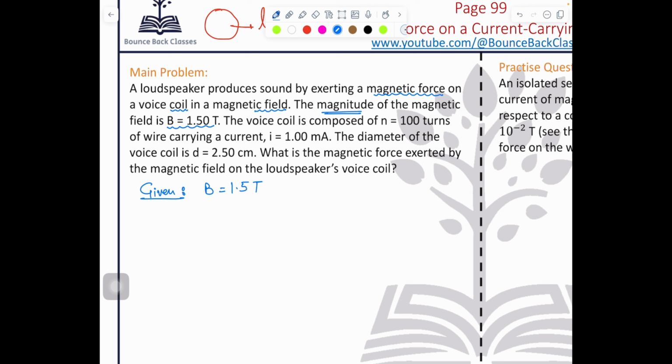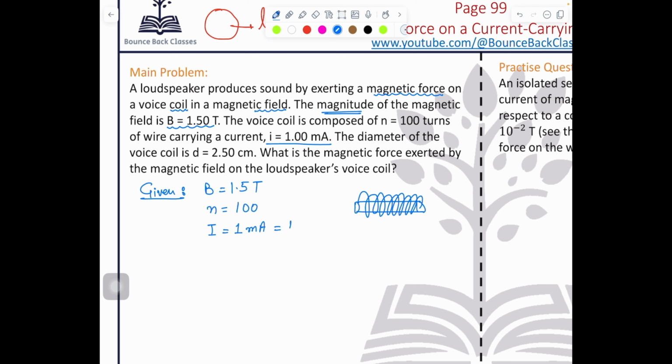The voice coil is composed of N, the number of turns, 100 turns. Let's say there is one wire, and on this wire you have lots of turns, N number of turns. Clear? Current I is equal to 1 milliampere.